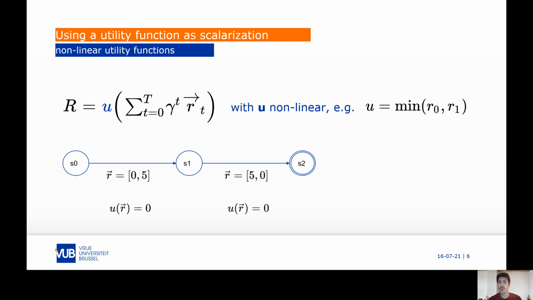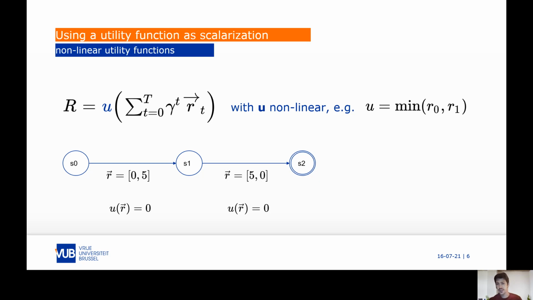Here is a very simple example to showcase this. Using the same utility function, minimum of R0, R1, you have this two-step MDP, where at the first time step you get (0, 5), at the second time step you get (5, 0). And so the vectorial return at the end of the episode is (5, 5).